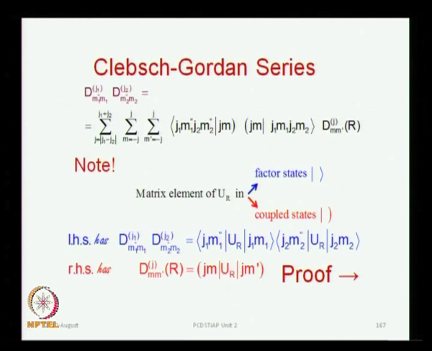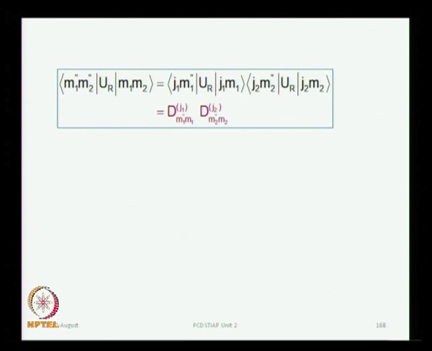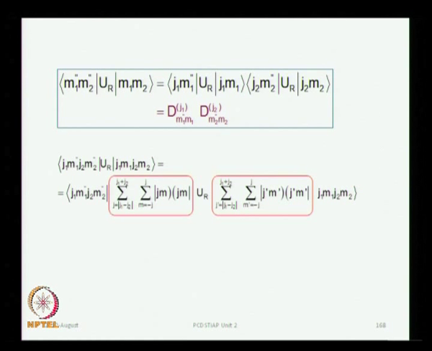This is what leads us to the Clebsch-Gordan series. We will use the previous result that the matrix element of the rotation operator in the direct product states is the product of the matrix elements of the rotation operator in the factor states. Using that theorem which we just established, between this and this rotation operator I sandwich a unit operator over here, and plug in a unit operator here as well.